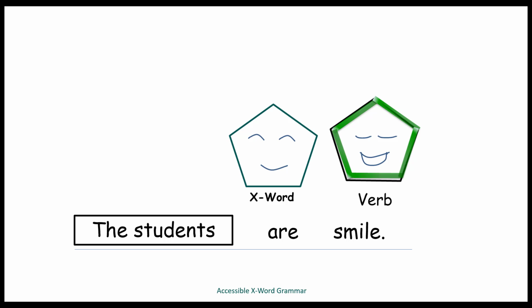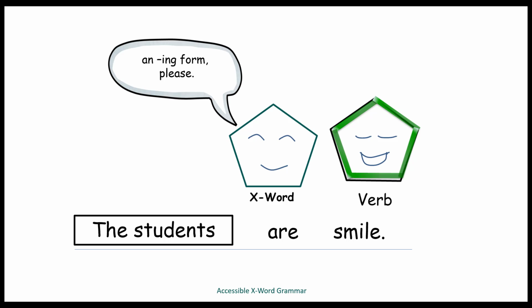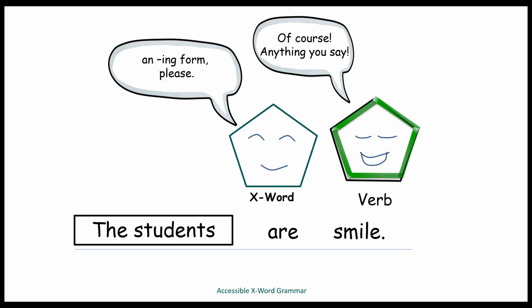A main verb's other job is to change its ending to whatever the X word wants. We'll learn more about these matchups in the next lesson. In X word grammar, main verbs have 6 forms.